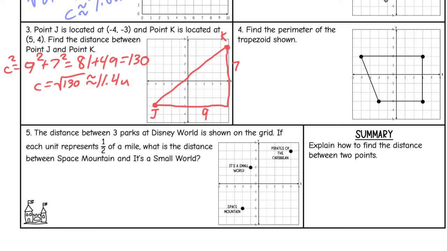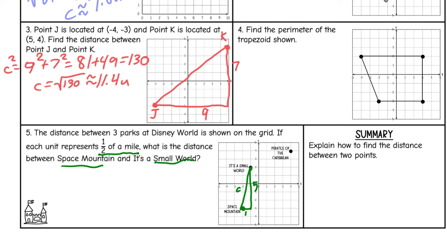Now, I'm going to look at problem 5. The distance between 3 parks at Disney World is shown on the grid. If each unit represents half of a mile, what is the smallest distance between Space Mountain and It's a Small World? Well, the horizontal distance between the two is 1 unit, and the vertical distance is 5 units.